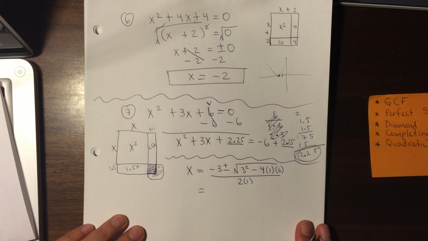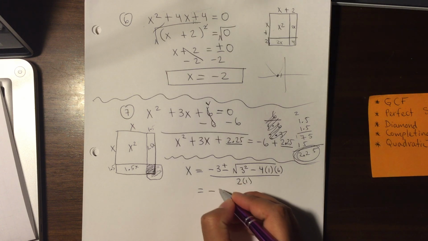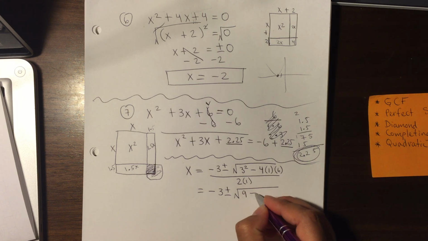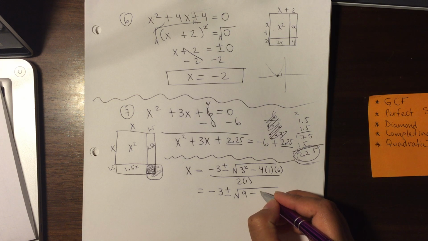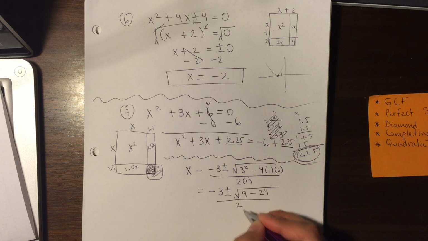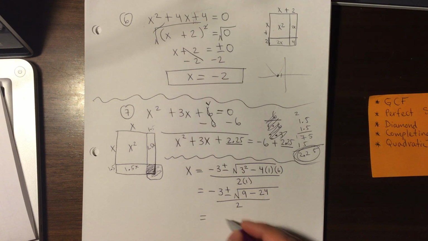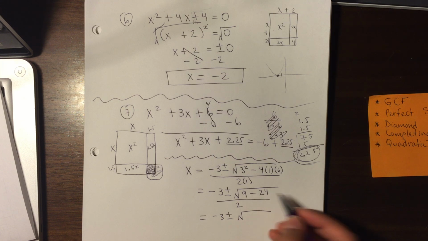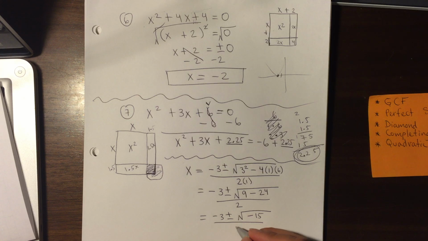Okay, and so we have negative 3 plus or minus the square root of 3 squared, which is 9, minus 24, all over 2, which is equal to negative 3 plus or minus the square root of 9 minus 24, which is negative 15, all over 2.